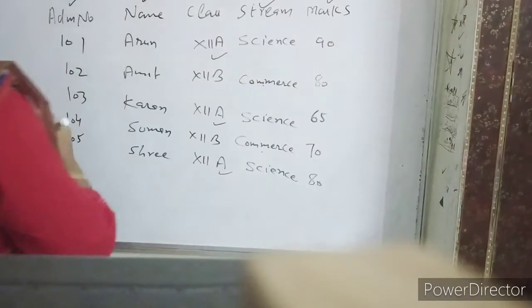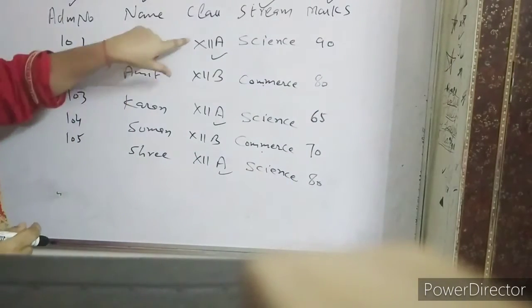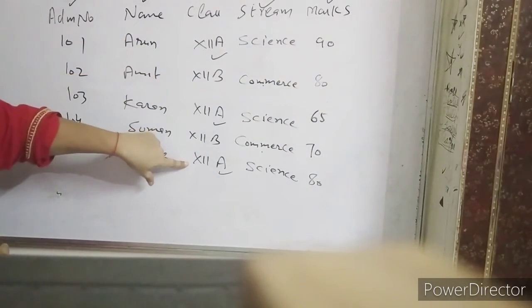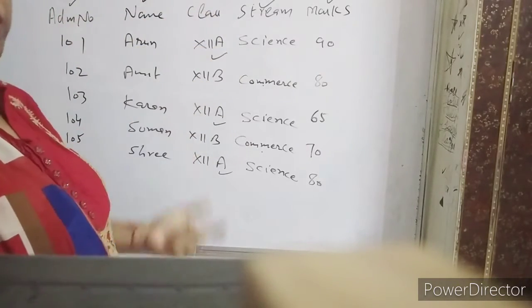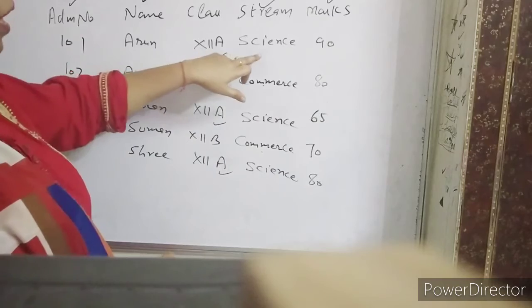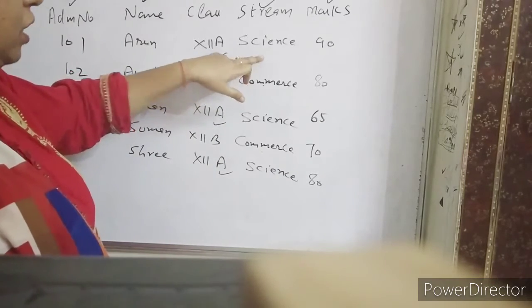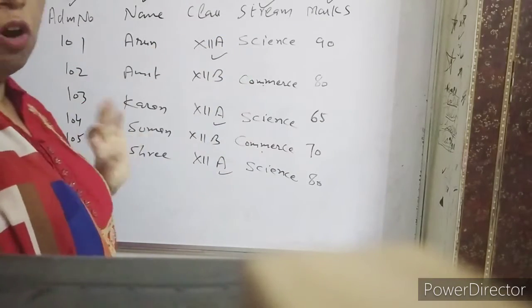One group for 12th A and another for 12th B. And if I say count the number of students stream wise, I will make groups stream wise, science stream and commerce stream.